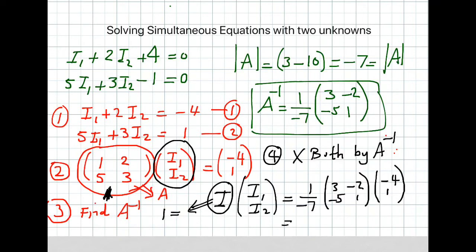And that is equal to 1 over minus 7 times minus 12 minus 2 and 20 plus 1, which will equal minus 14 and 21 over minus 7.